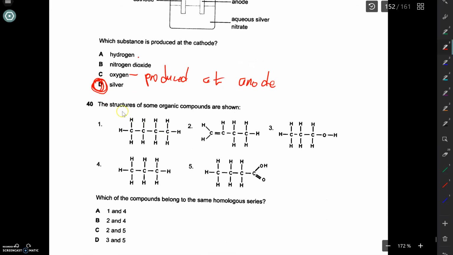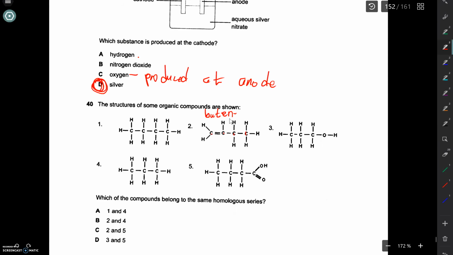Question 40 says the structures of some organic compounds are shown. We have the formulas there. Which of the compounds belong to the same homologous series? Well, this is 1, 2, 3, 4. This is a butene, right?